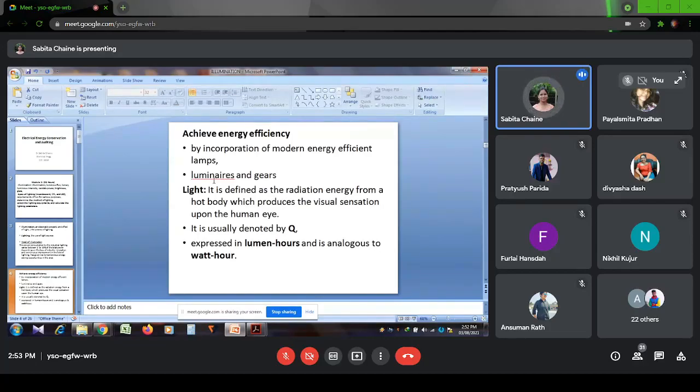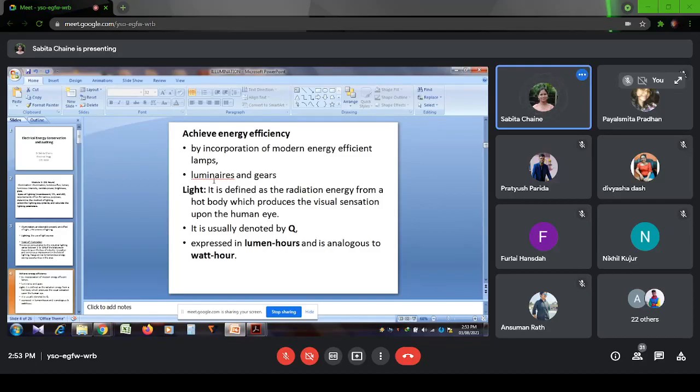So you can say there are two things, light and dark. Dark means we are not seeing anything; the human eye does not visualize anything. The visual sensation is zero, that is dark. If visual sensation is produced by the eye, we can say that is light.